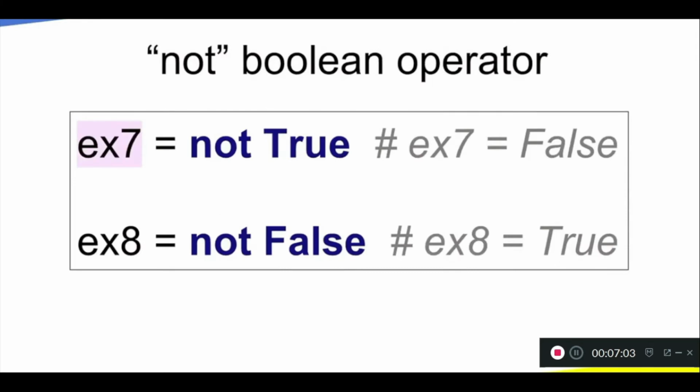Now coming to the not boolean operator, we have example 7. What it does is, if we are saying not true, then it will give false, and when we are saying not false, it will give true. So we can conclude that when we say a not boolean, in a sense we are saying not that boolean, the other boolean.